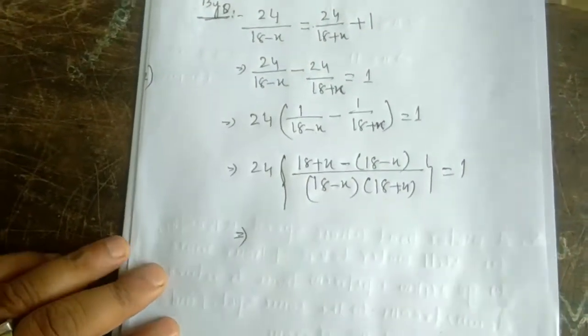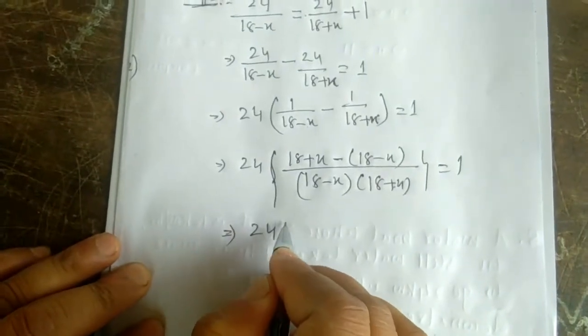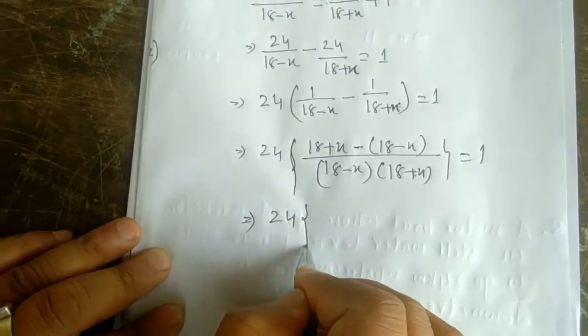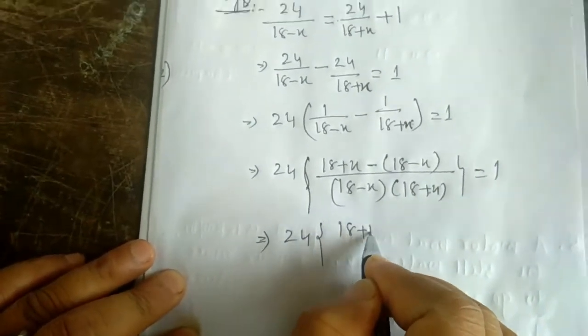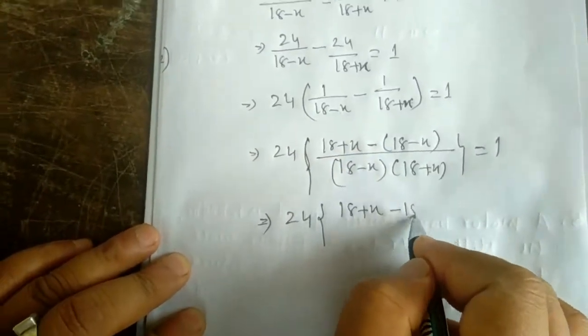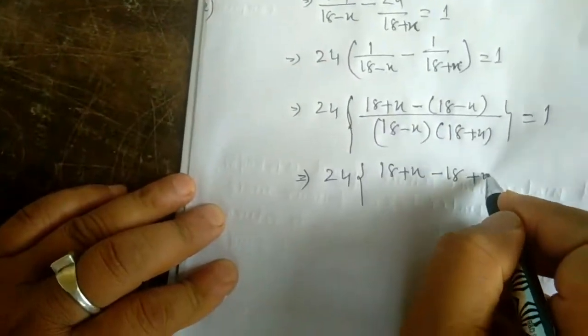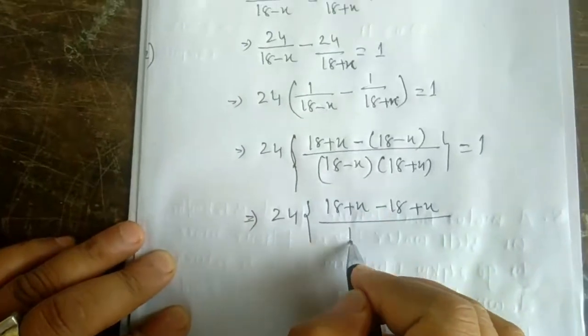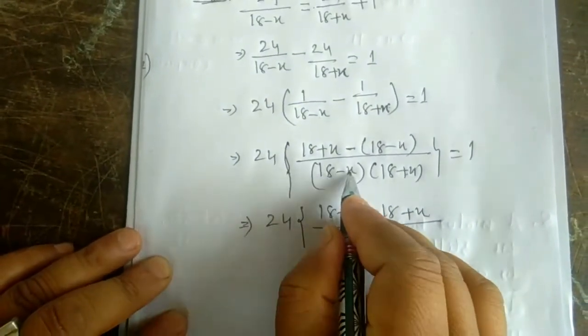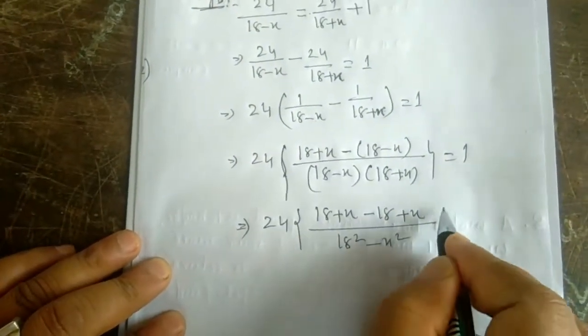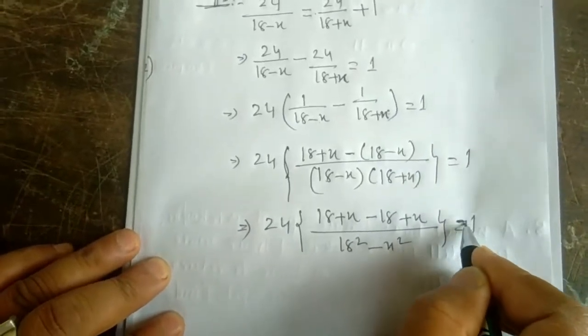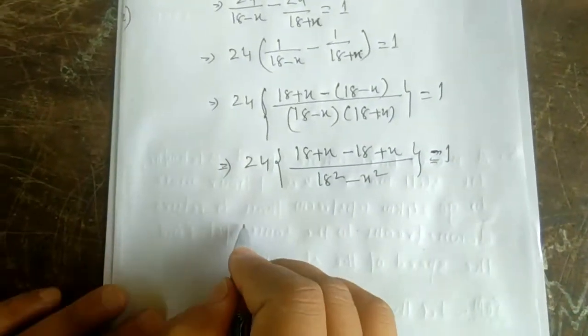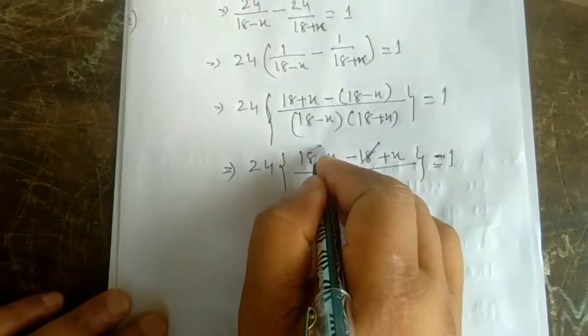Next, 24 into 18 plus x minus 18 plus x, that is, plus 18 minus 18 and x plus x. The denominator is a minus b into a plus b, which is a square minus b square, equal to 1. Negative 18 and positive 18 cancel.